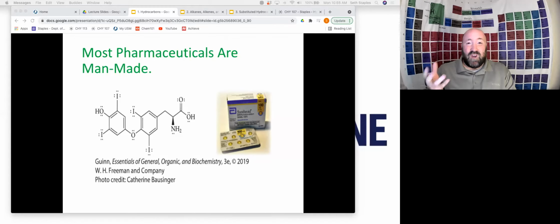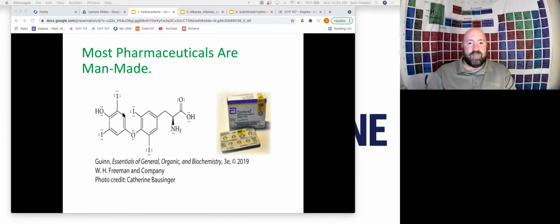or a couple reasons really, is that most all the pharmaceuticals that we take for anything are man-made, and they're man-made based on organic chemistry principles. What we see here is a fairly large looking compound, fairly complicated. We see some things in here that we're familiar with though, such as our lone pairs.